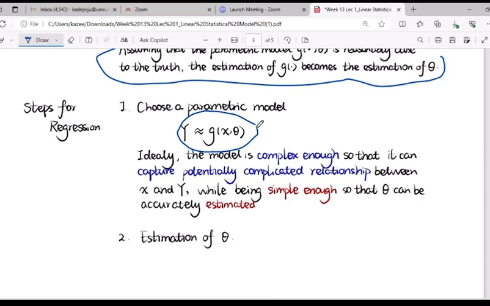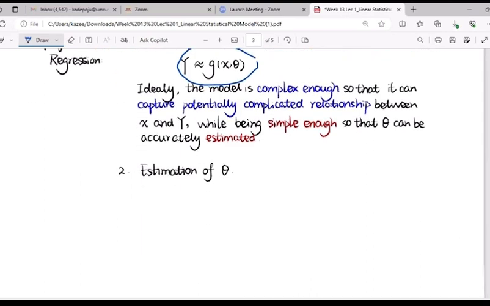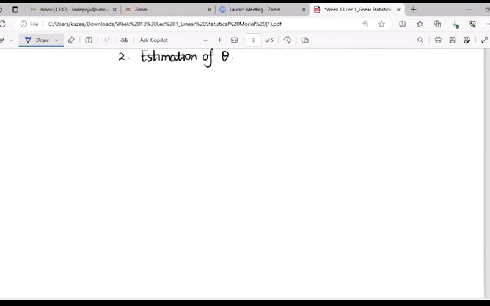Being able to secure a low bias and a low variance is what will enable us to have accurate parameter estimation. Okay, now after that, we begin with estimation of parameters.